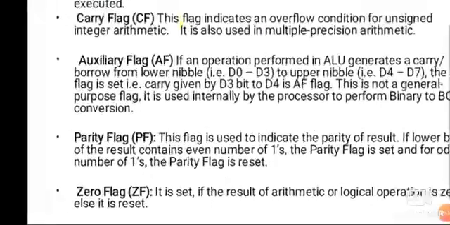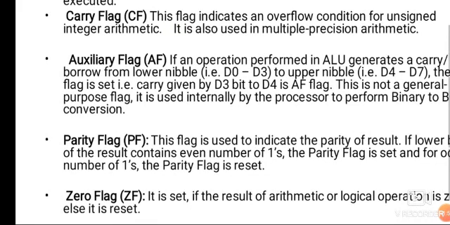These are the conditional flags, where the carry flag indicates an overflow condition for unsigned arithmetical operations. The auxiliary carry flag is used in operations like BCD, where when a carry is generated from the lower nibble to the higher nibble, the auxiliary carry flag will be set. You cannot test this flag; it is internally set.